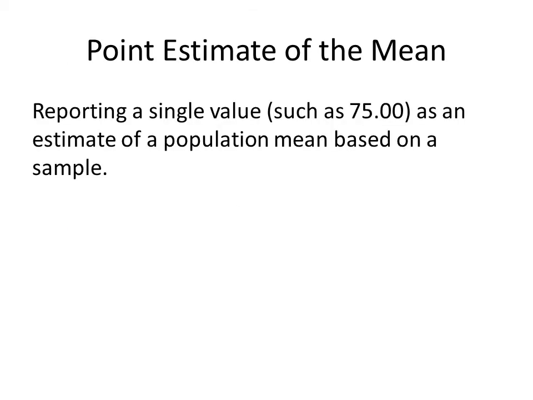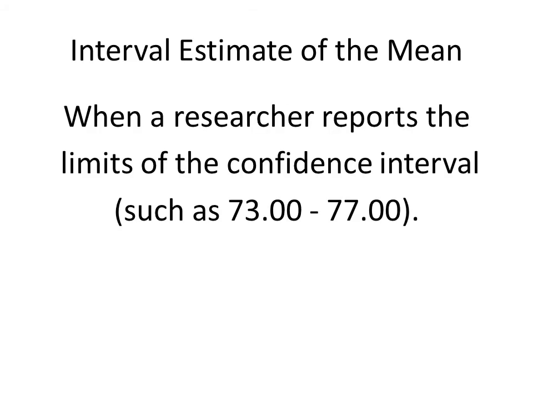Now, let's talk briefly about reporting. When we report, we can report the single value, such as the mean of 75, as an estimate of a population mean based on a sample, and we call that a point estimate of the mean. We also can report the limits of the confidence interval, which was 73 and 77, and we can say the confidence interval is 73 to 77.